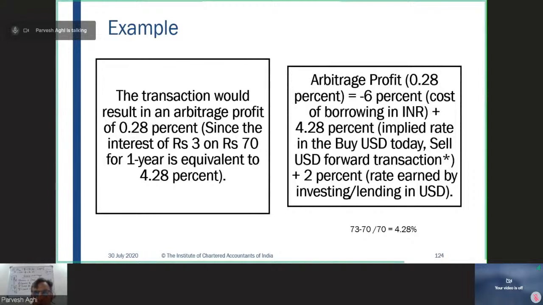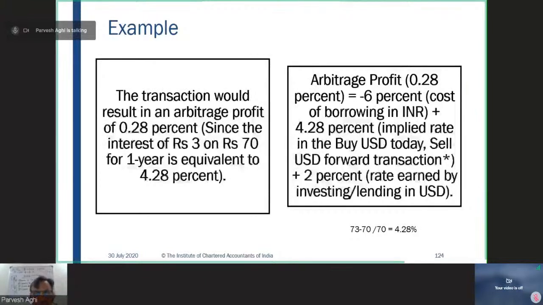So you borrowed money in rupees, so you have to pay 6% to the bank from where you borrowed the money. And then you are going to gain because the dollar has appreciated 4.28%. When you bring back, you convert your INR, since you have borrowed and taken the money to USA, you are converting back into Indian rupees. So you will get 73 rupees.